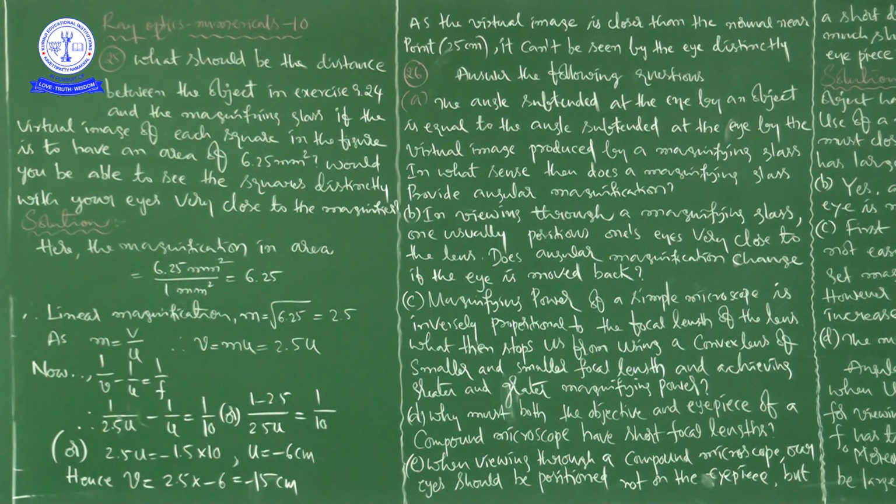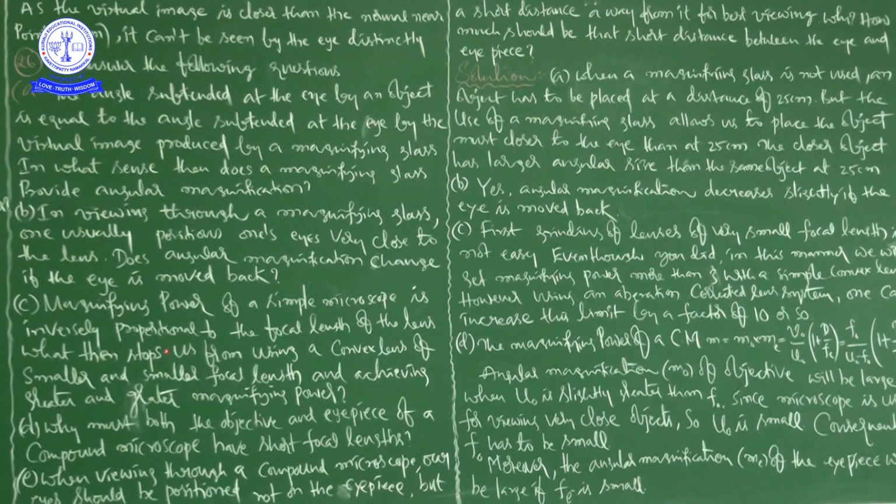I will explain one by one. Otherwise, if I explain all these A, B, C, D, E questions and then go for the solution, you may have some confusion. So first I will explain A, then I will go for the solution of A, right? Then I will go for B, then the solution of B, like that. Okay. See here.